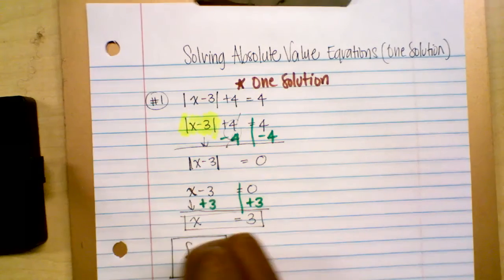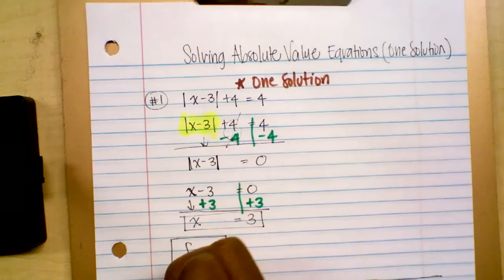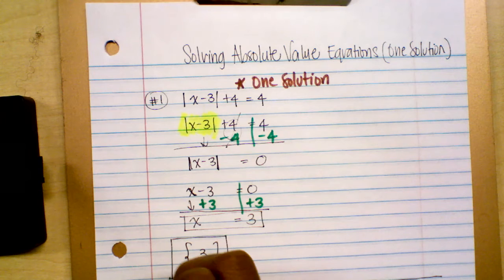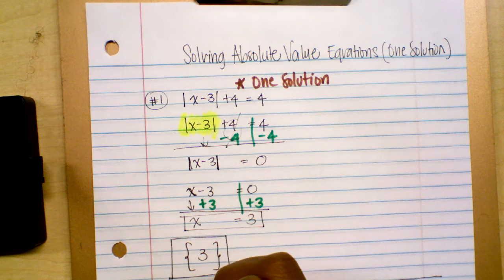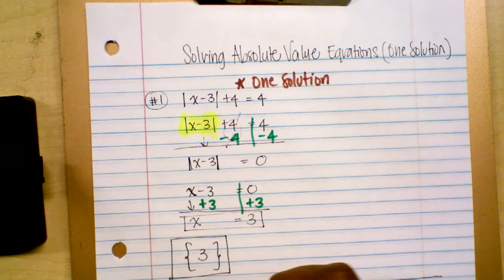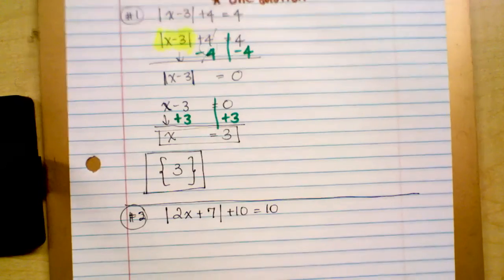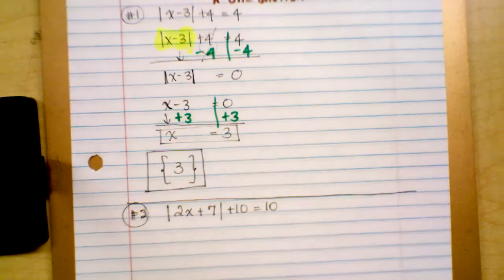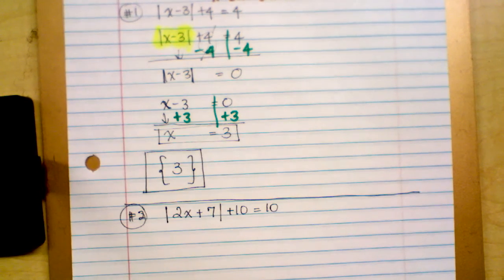Now let me give you another problem to practice, number 2. I'm asking you to solve this absolute value equation: the absolute value of 2x plus 7, plus 10, equals 10. Pause the video here and try to solve it.